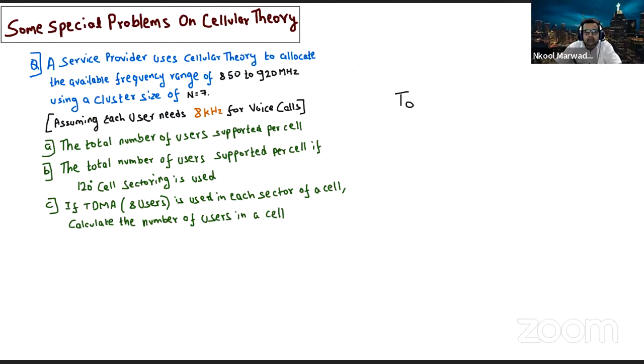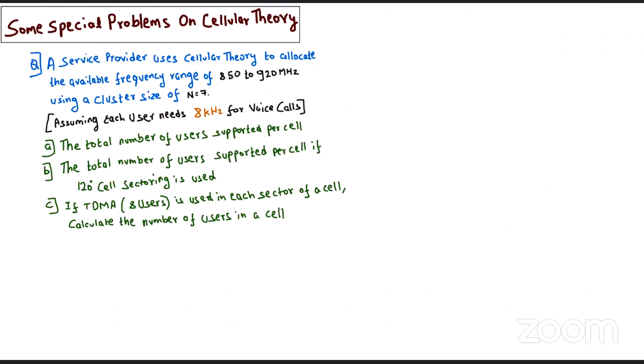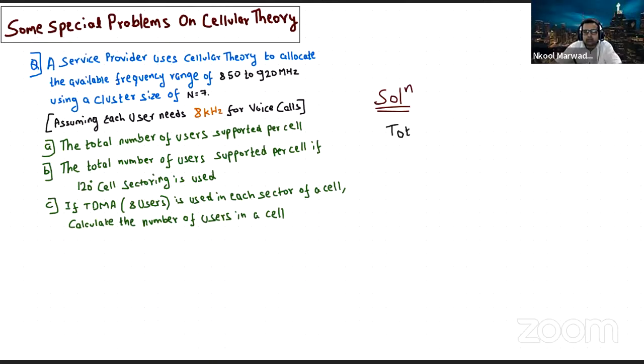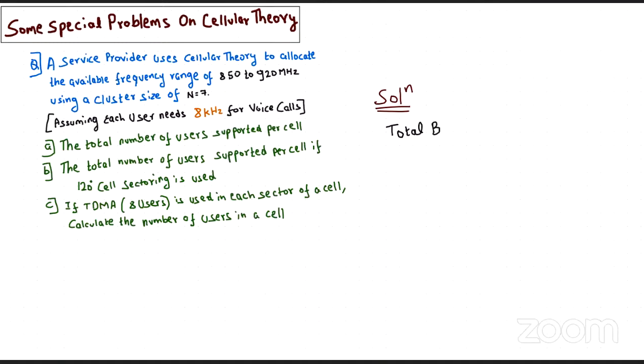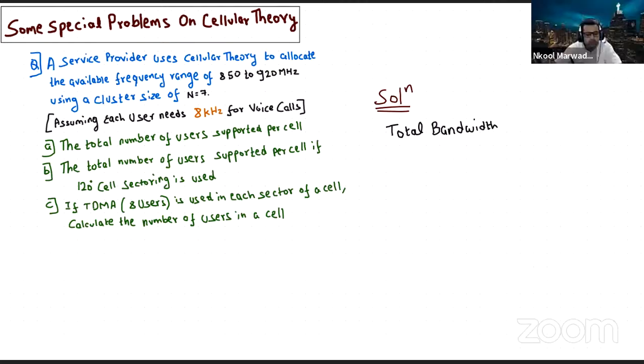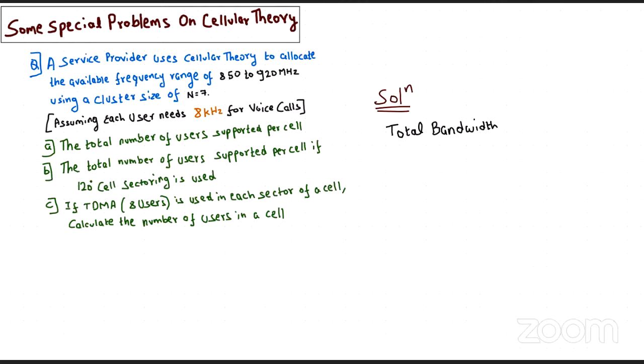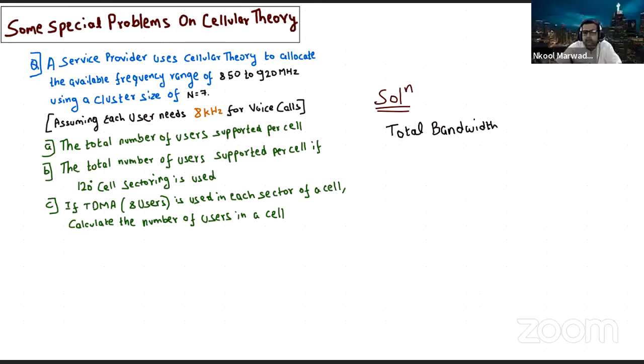So I am writing the solution. Okay, can you tell me the total bandwidth of the system? Total bandwidth 70 megahertz. Very nice. That's the right answer.